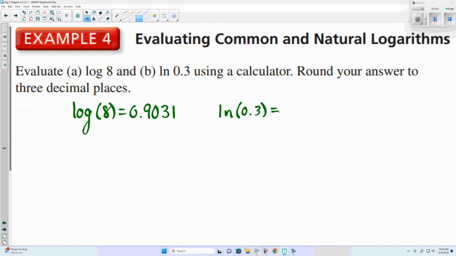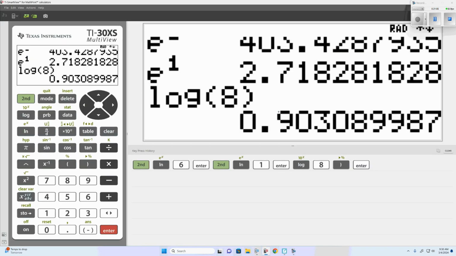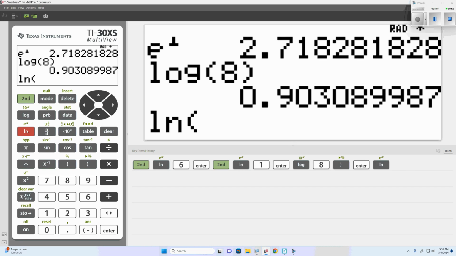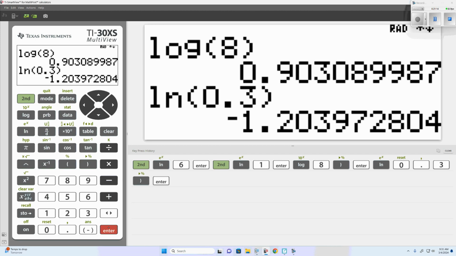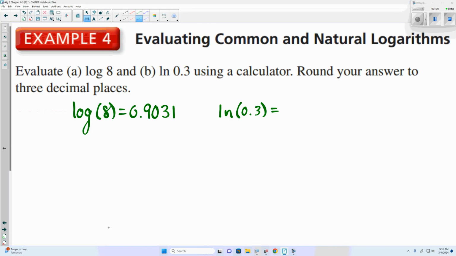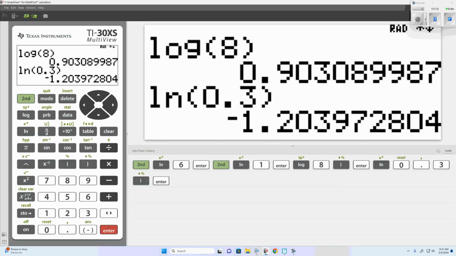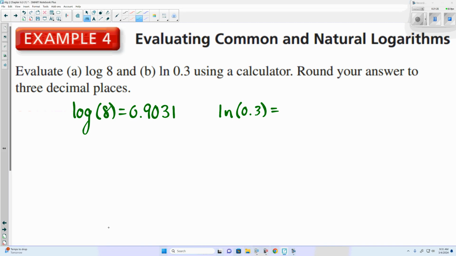So question on how we found log of 8. ln of 0.3, 0.2040, yep. Negative 1.2040. And it says 3 decimal places.